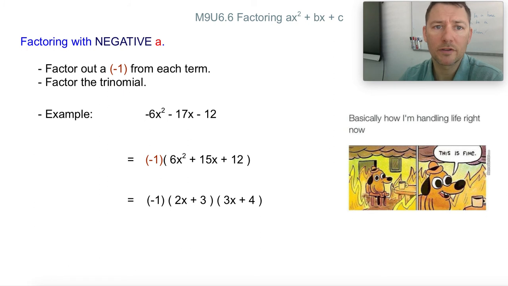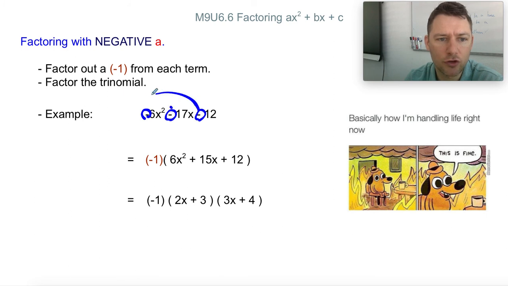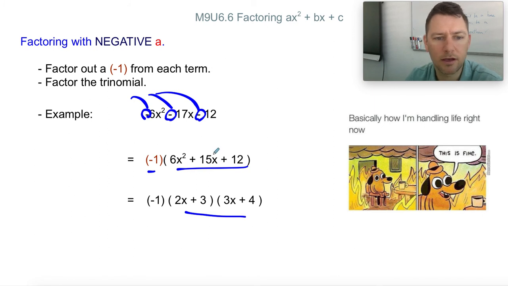So just like when there was a common term, sometimes we can factor out a negative 1, so sometimes there's a negative in each term, and you just pull it out as a negative 1 and then factor this piece. That's another way to do it when you see negatives all in the same spot, and that helps you not have as many negatives to attack.